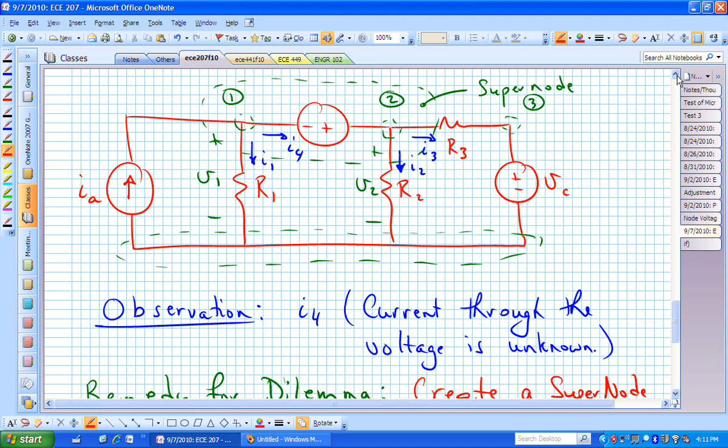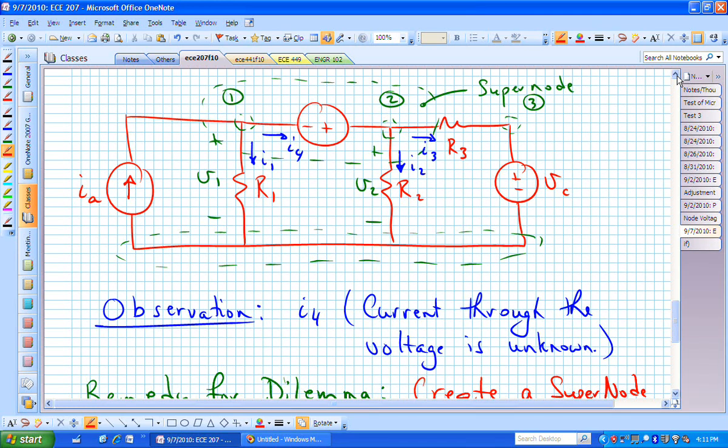Then I would define I sub 3 to be V sub C minus V sub 2 divided by R sub 3, which should be just the negative of what I calculated for the I sub 3 that's actually drawn there. Is that clear? And if it's not, hopefully it will be clear before the exam, which is in 2 weeks.